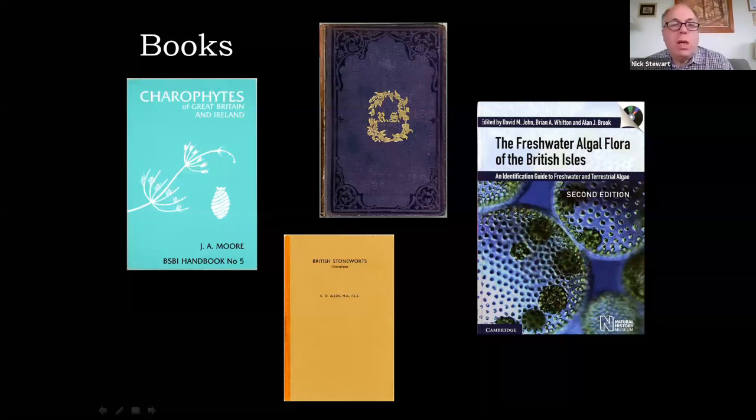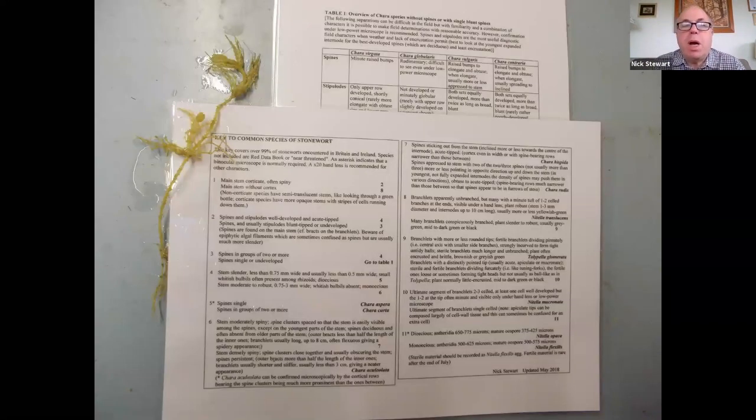Now, some of the keys that you'll come across start you off with a microscopic character, and you can do an awful lot in the field with just a hand lens, and you don't need to get the microscope right at the beginning.